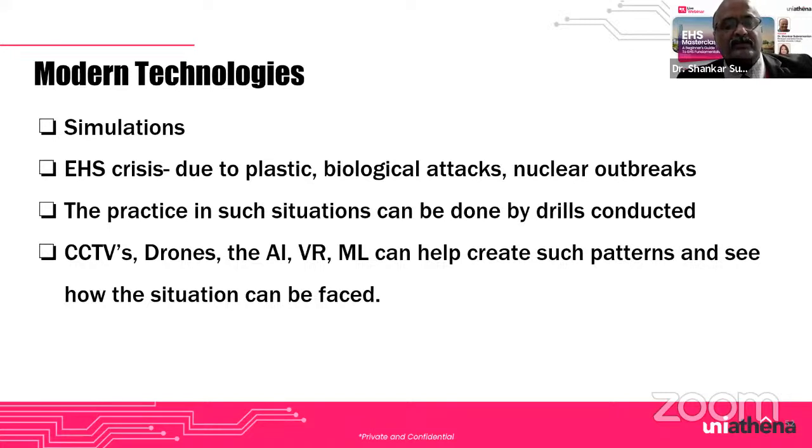They can be simulated to see how to avoid this and what more can be done. How we can recycle, for example, how we can avoid biological attacks, how we can work in an emergency situation when nuclear outbreaks happen, like what happened in Japan. Then the practice in such situations can be done by conducting drills.